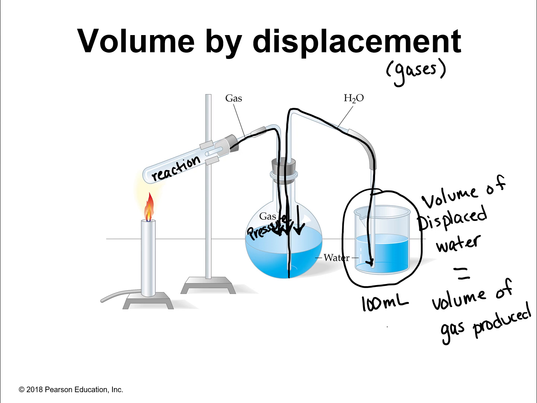Sure. The whole thing or just the last part about the 100 milliliters? Okay. So if you have 100 milliliters in this beaker here that I circled, that means the gas displaced 100 milliliters and your volume of gas is also 100 milliliters.